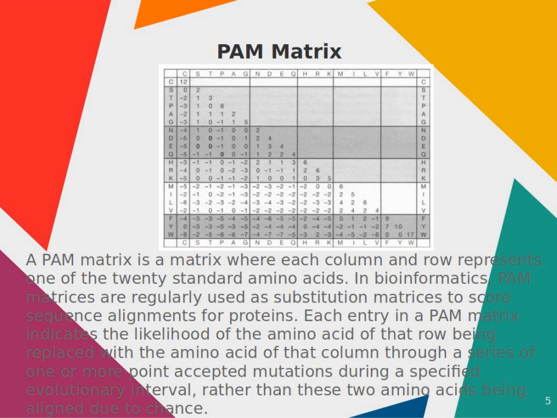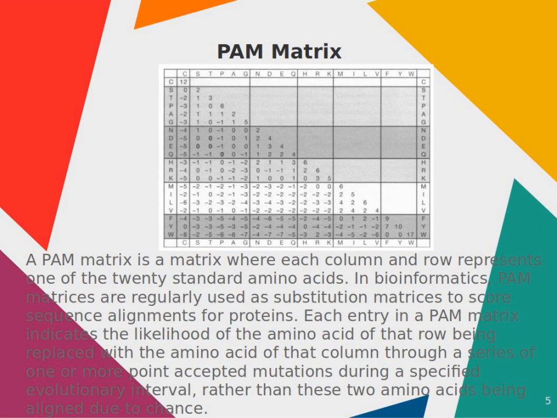A PAM matrix is a matrix where each column and row represents one of the 20 standard amino acids. In bioinformatics, PAM matrices are regularly used as substitution matrices to score sequence alignments for proteins.